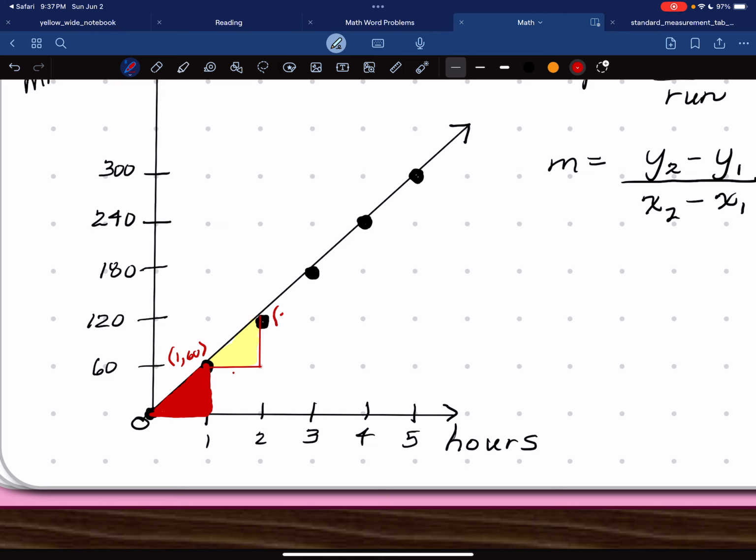So this time I'm over to 2 and up to 120, and I did it again. Maybe on the next one I'll get it right. Okay, so then we are going to run one more unit and increase another 60. So that puts us at 180.